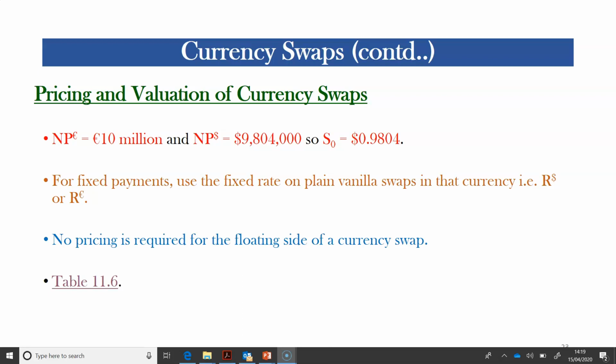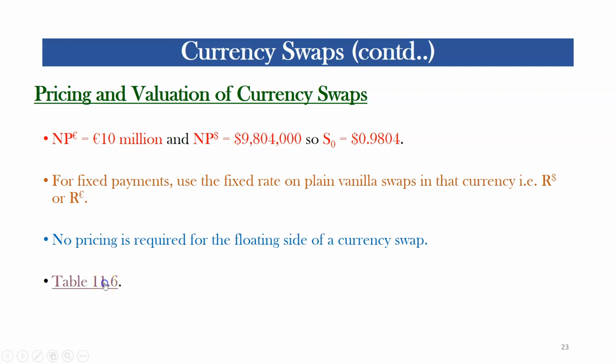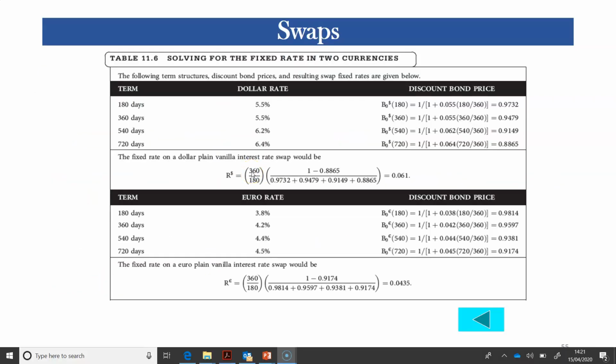This we do in table 11.6. We know the formula for the fixed rate in a plain vanilla interest rate swap. The same formula is used here twice, as we need two fixed rate as price of the currency swap in dollar and in euro currencies.